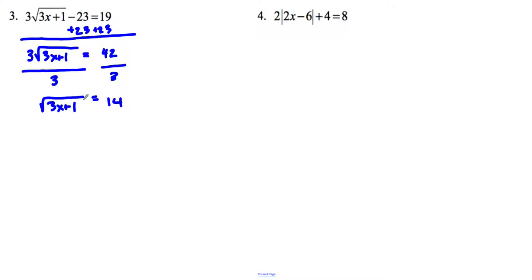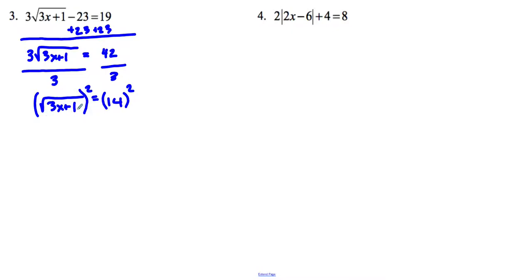Now, here's where we sometimes run into problems. You got to think about, what is this statement saying? The square root of something equals 14. So if we want to undo the square root, we're going to square both sides. I know that the square root of 196 is equal to 14.